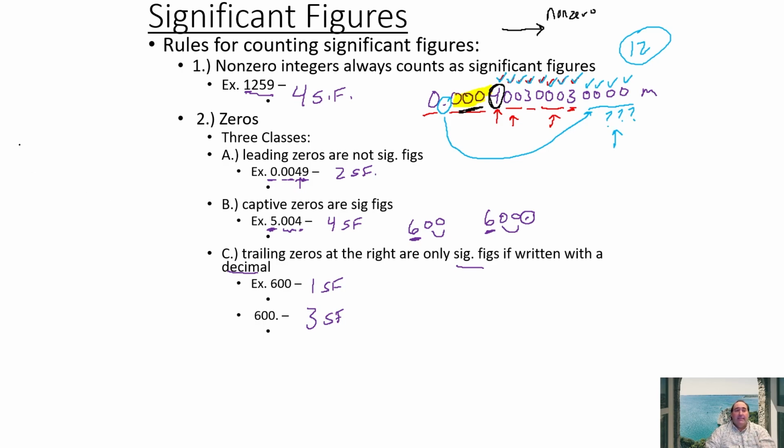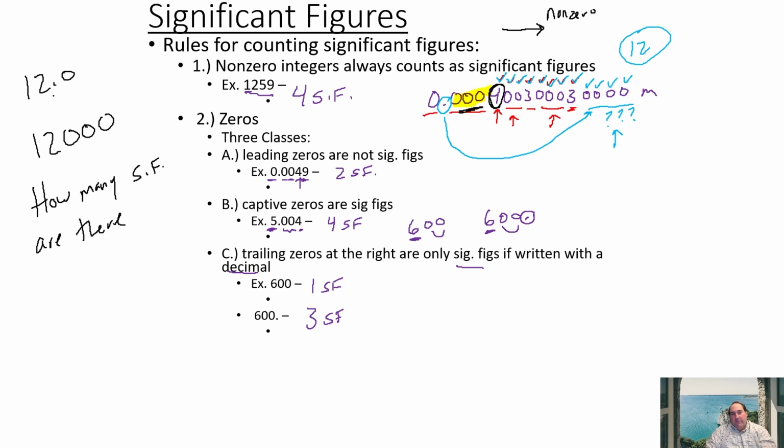Now, let's say I had something like this, 12,000. Here's the question: how many significant figures are there? We'll do 12.0 as well.